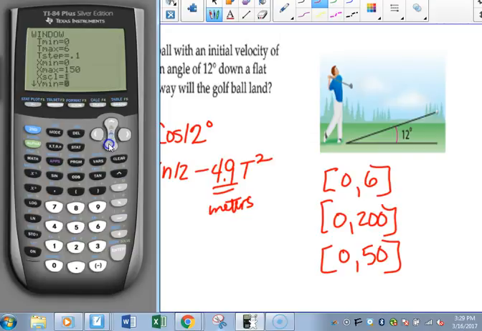I'm going to leave 150, and I don't think I need 50. Yeah, it's the height, it doesn't go up that high.